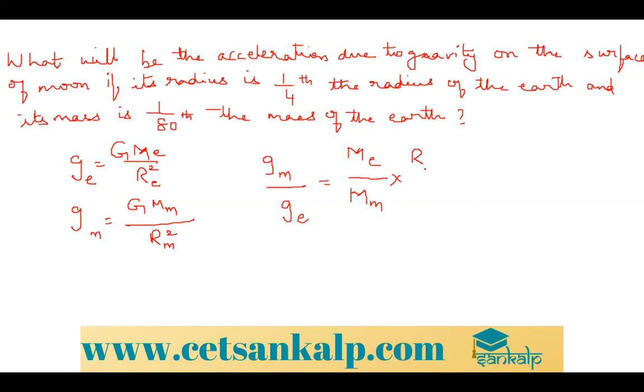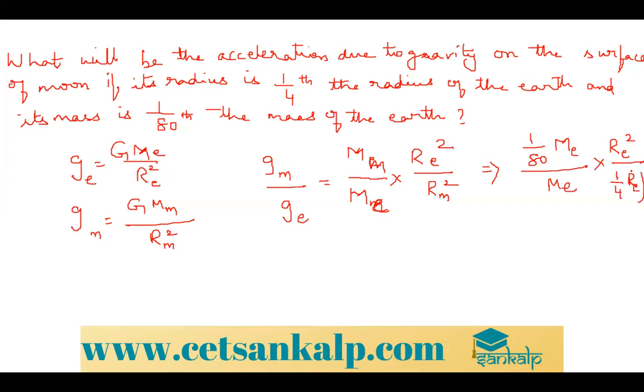This is Mm divided by Me, sorry, Mm divided by Me into Re square divided by Rm square. So they're telling that the mass is 1 by 80 of Me, divided by Me, into Re square divided by 1 by 4th of Re the whole square.